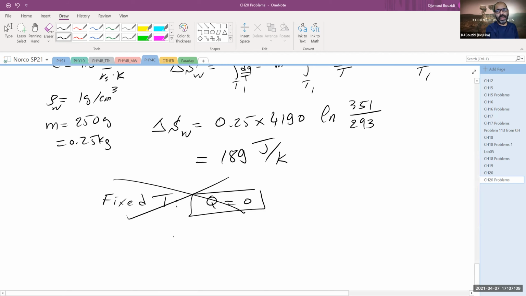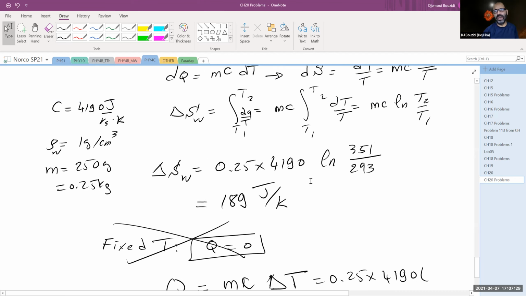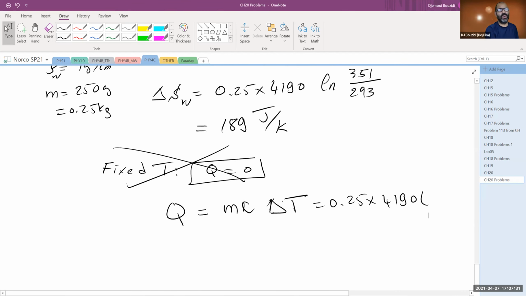And I know that the heat that warmed the water is Q equal to MC times delta T. For this case, it doesn't matter to the conversion. But in this case, I know how much heat it is. It's 0.25 times 4,190 joules times T final minus T initial, or 78 minus 20, or 351, if you care to write it this way, minus 293.